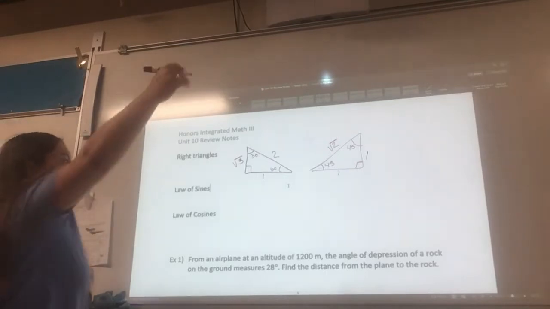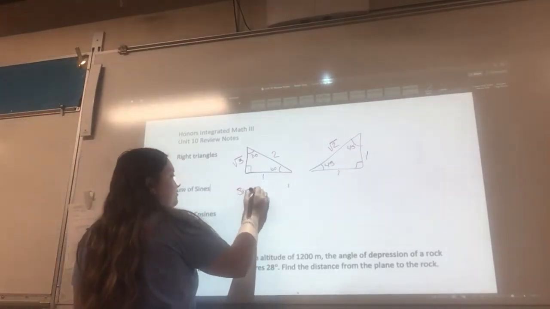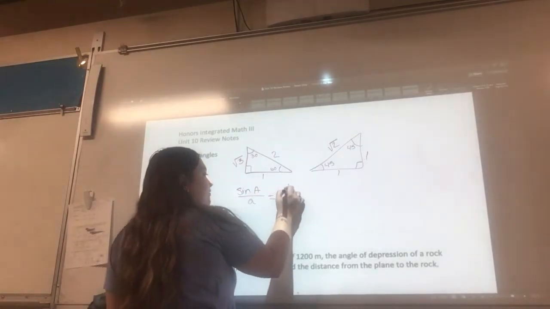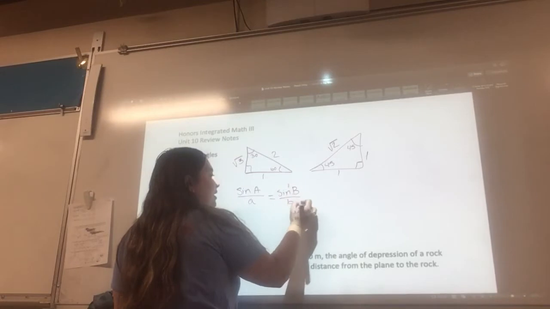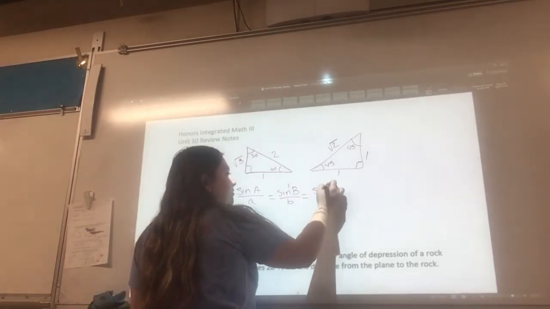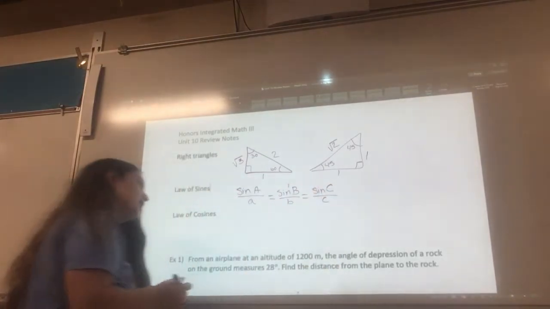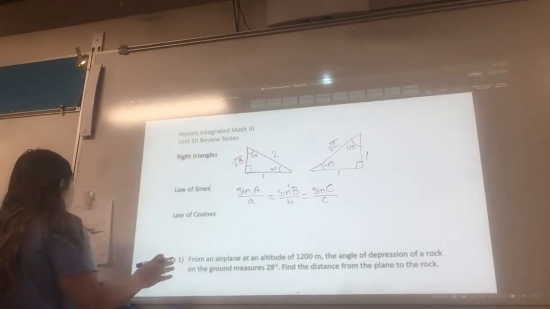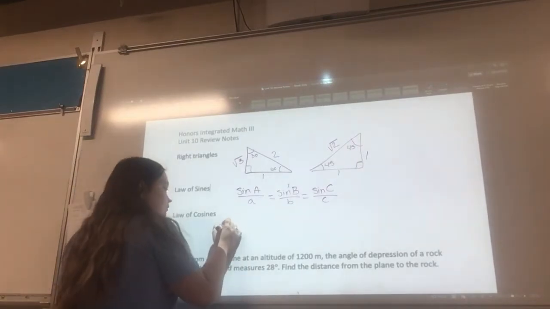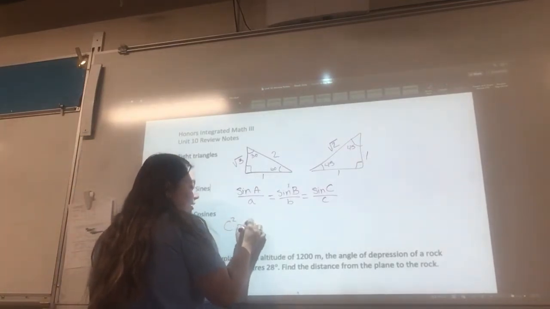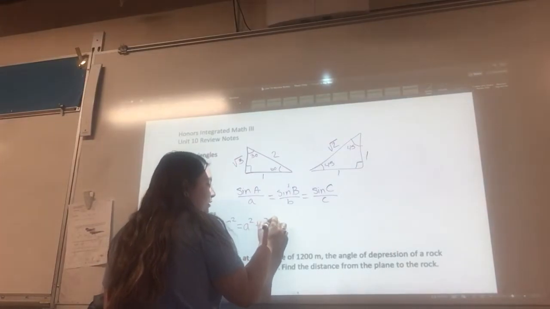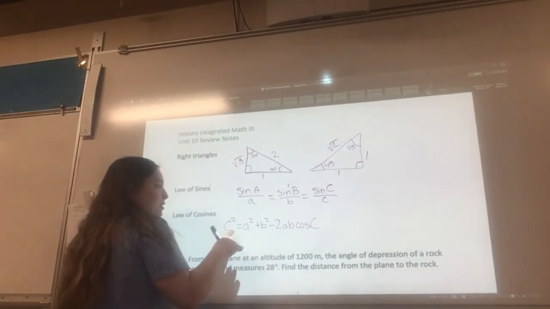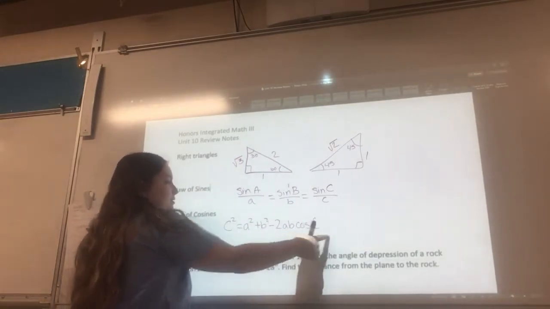Remembering our law of sines: sine of angle A over side length A is equal to sine of angle B over side length B, and is equal to sine of angle C over side length C. Law of cosines, I'm only going to put one down, and that's the one where it says c squared equals a squared plus b squared minus 2ab cosine of C. So the A and B are in here while the C's are the outsiders.